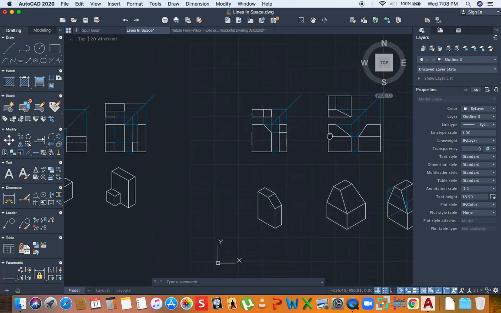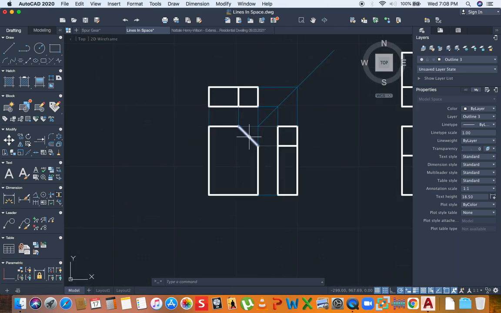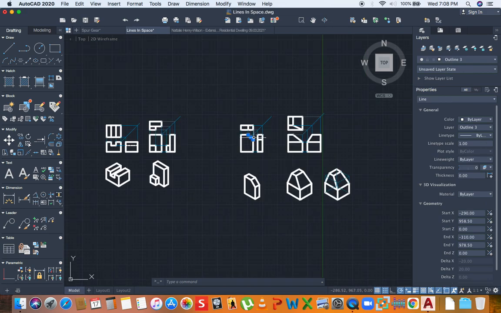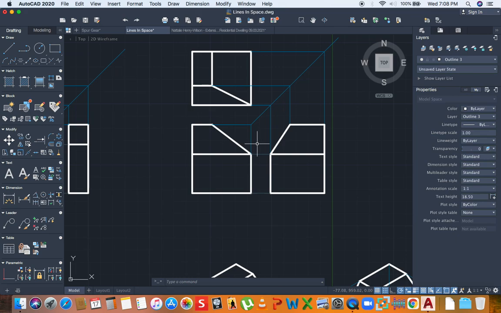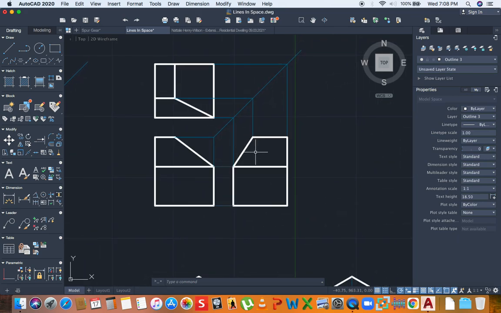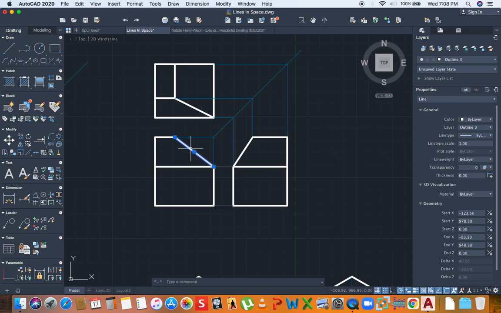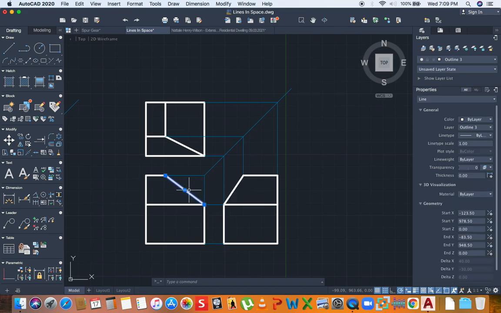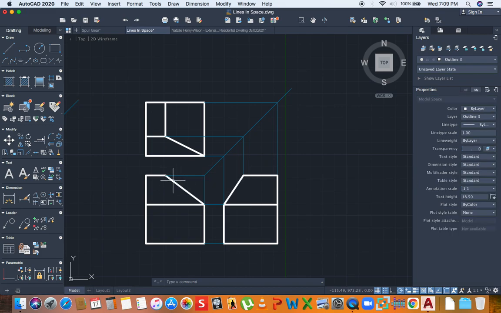So you cannot just look on the object and determine that, oh yes, this is the true length, because it is only sloping on this side. You have to now graphically determine the true length of this line. And you can determine the true length of this line if you are aware of the slope.